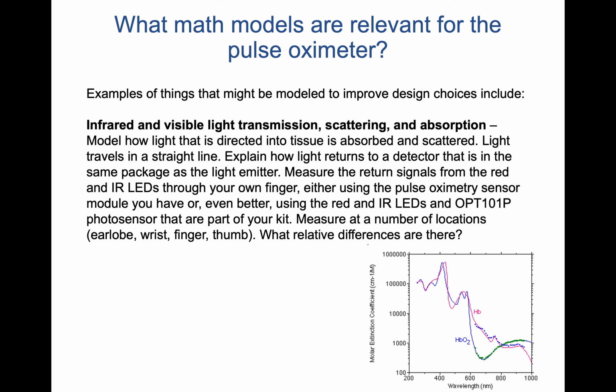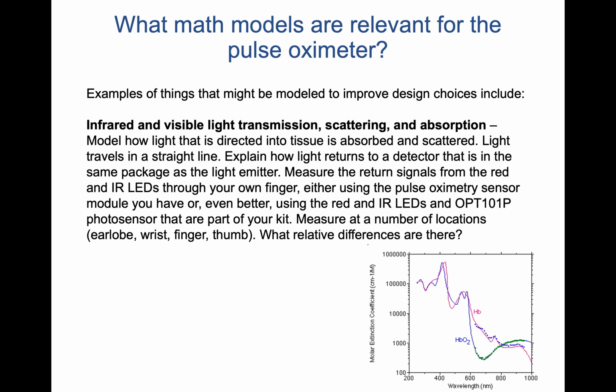Another math model you might use is infrared and visible light transmission, scattering, and absorption. As you've probably already discussed in your class, the way that blood oximetry works is to use differential absorption and scattering of blood that is oxygenated and blood that is not oxygenated.